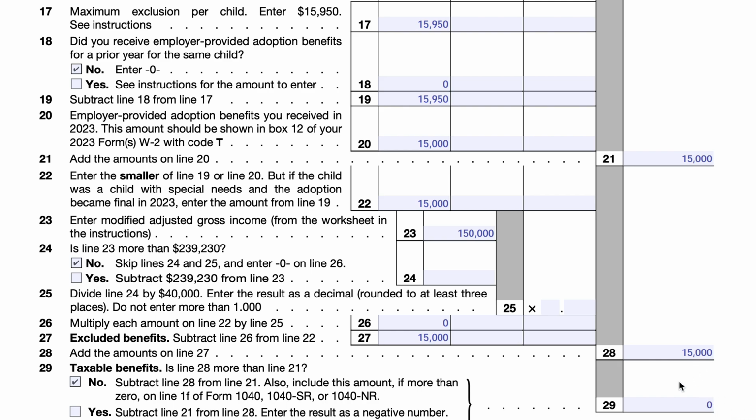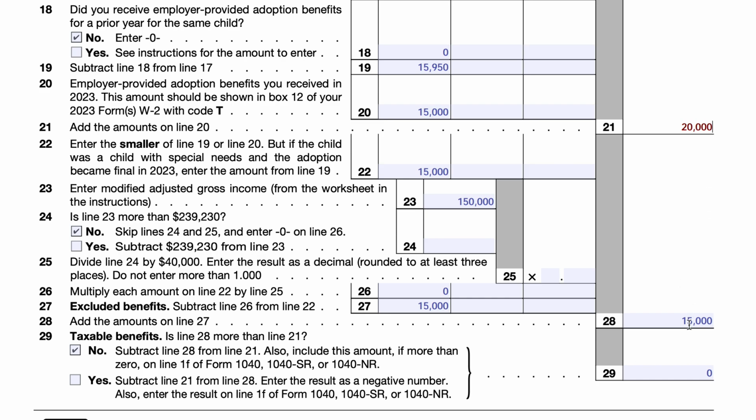So, if, for example, line 28 happened to be different, let's just say that he happened to get $20,000 of excluded benefits, then we would be subtracting the line 28.